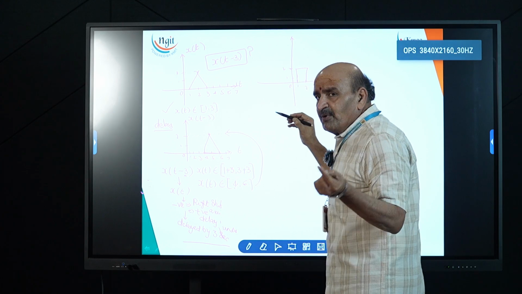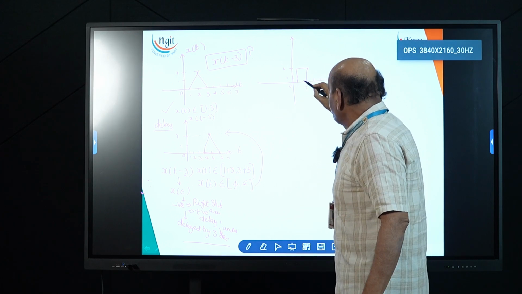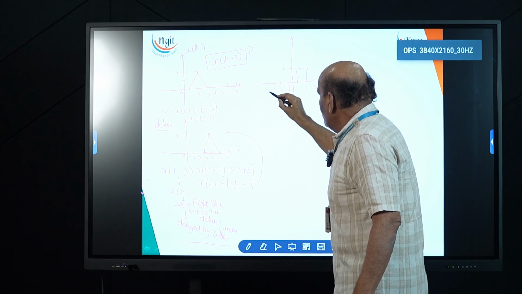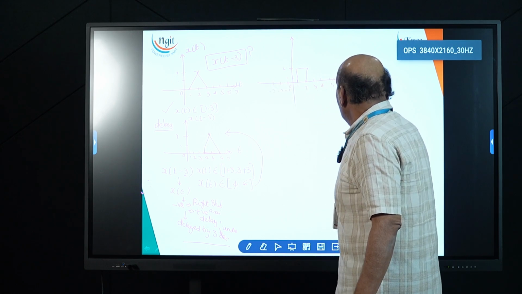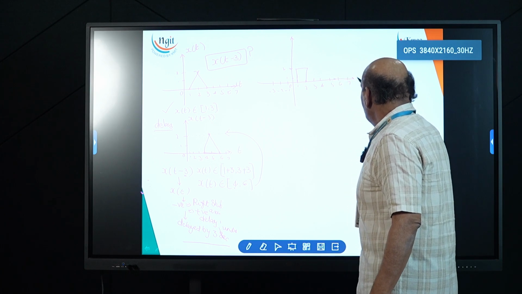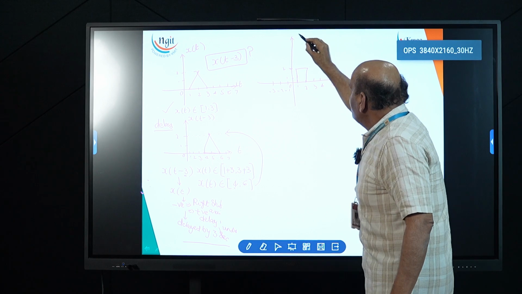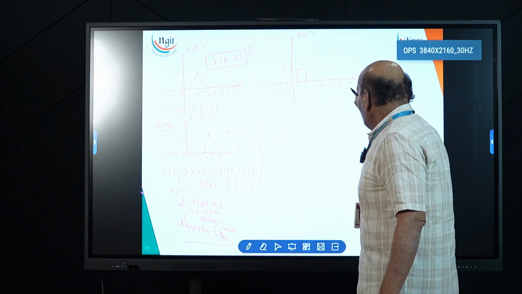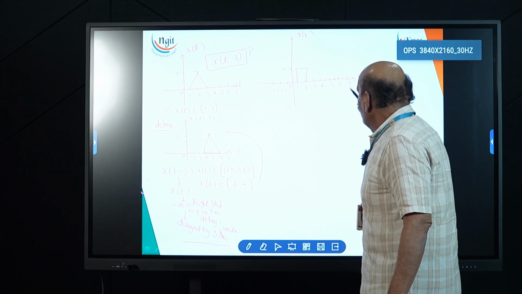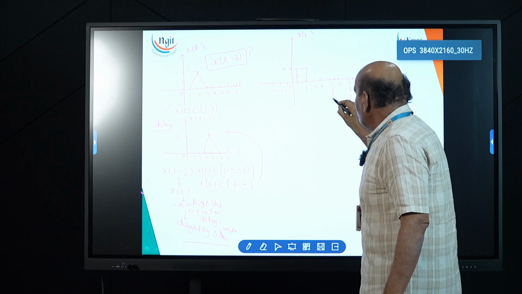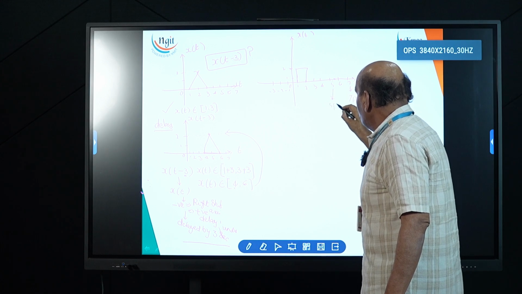I am taking a simple width 1, 2. This side minus 1, minus 2, minus 3, like that. This side 6, 7. This is t, this is x of t. The right time of this train's arrival to Bangalore is 7 p.m. but it reached at 5 p.m.